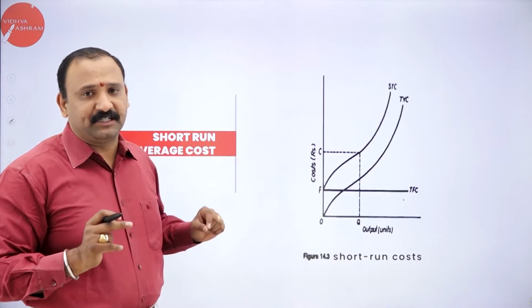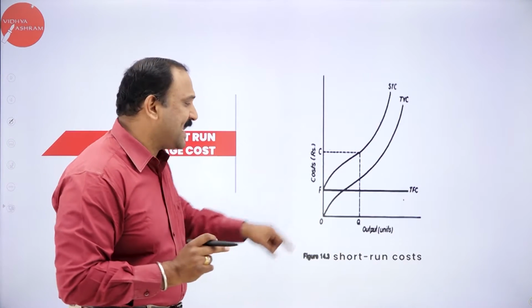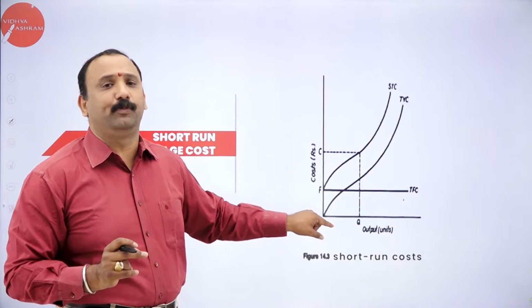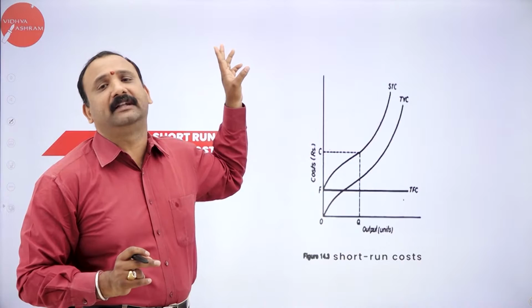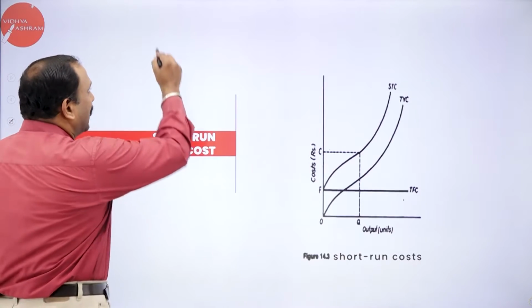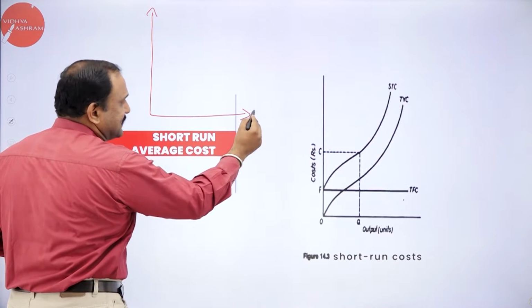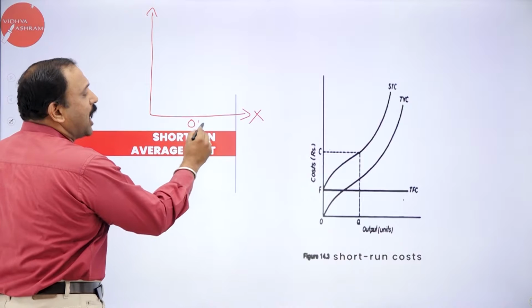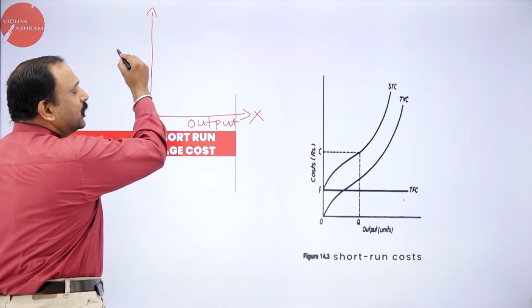In this graph, on the x-axis we are going to take the output, and on the y-axis we are going to take the cost factor altogether. So let us try drawing a graph and understand what is happening here. On the x-axis we are going to take the word output. On the y-axis we are going to take the word cost.